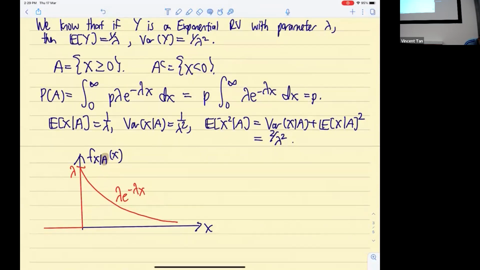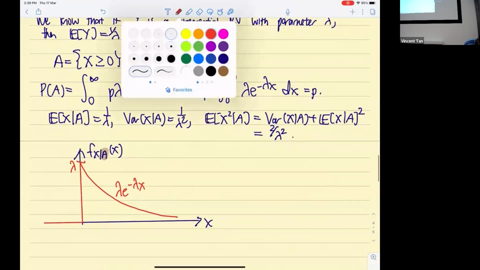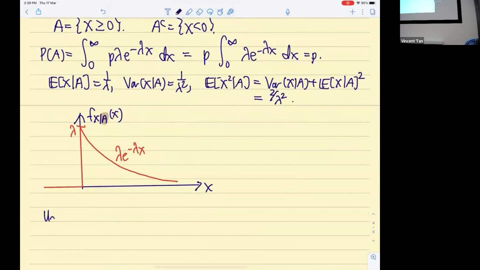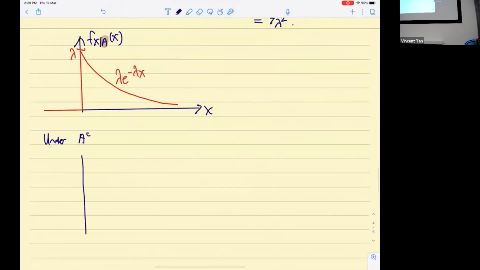Now, let us consider a slightly different event, which is A complement. Under A complement, what is our probability density function? I have to make space for the left-hand side because it will be happening there. It's a flipped exponential density, flipped over on the left-hand side.